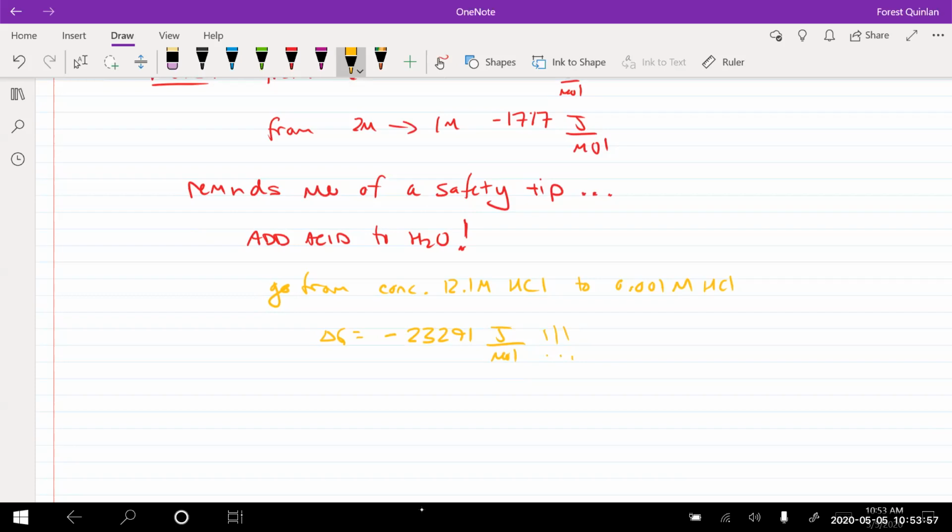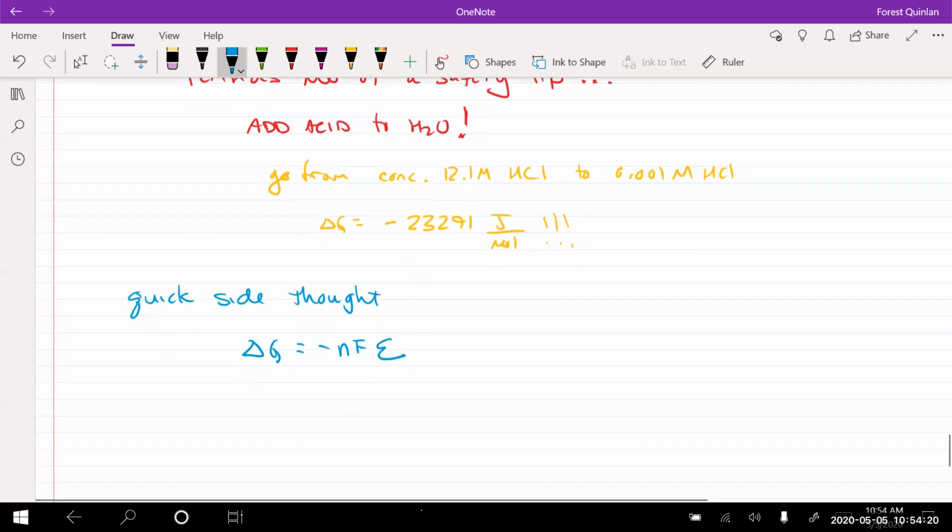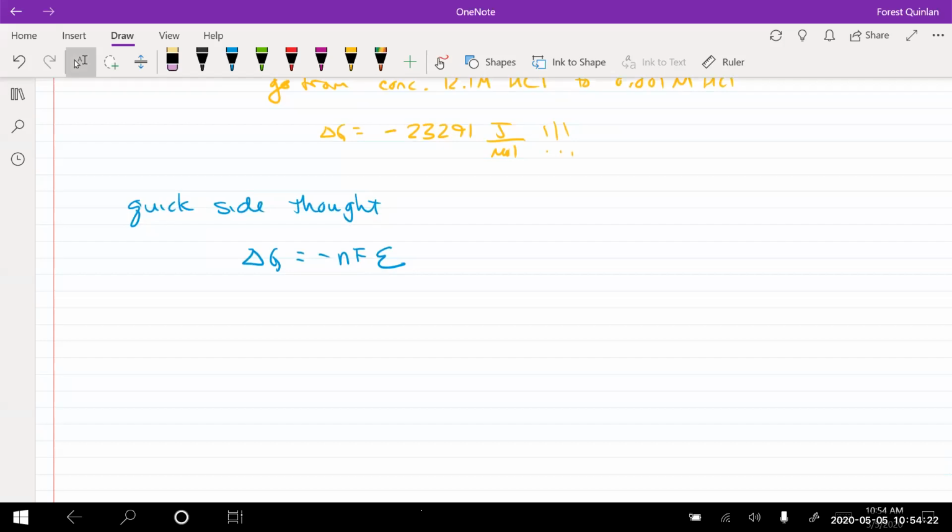Now, what I would like to do too, real quick, quick side thought. Delta G equals negative nFE. That's from the beginning of this.